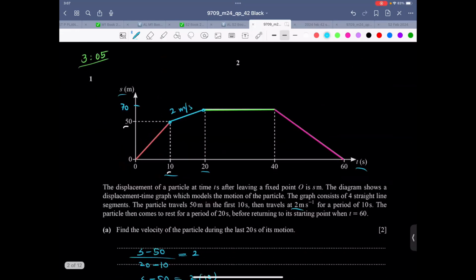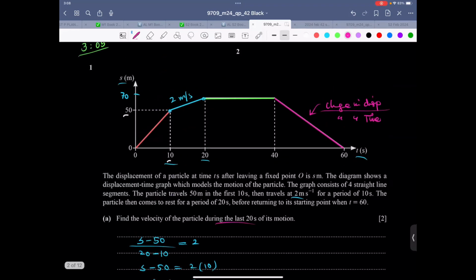But we are interested in the velocity over here. So therefore, over here, the change in displacement over the change in time, that would be the velocity during the last 20 seconds. So we needed to find this thing, the 70 over here.